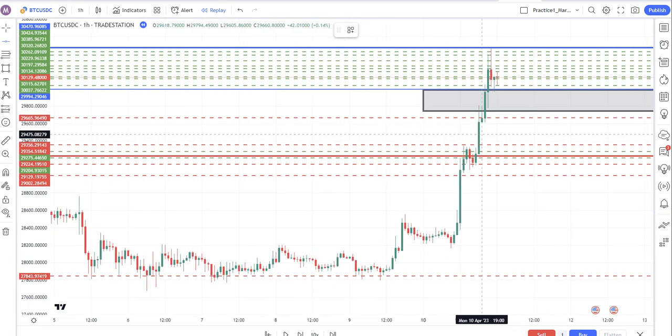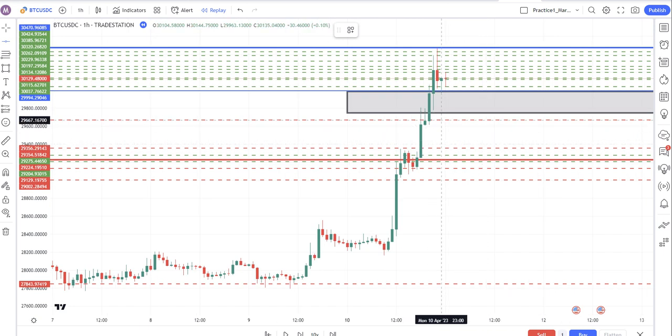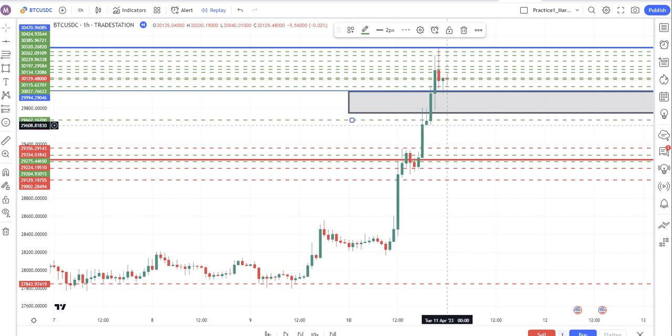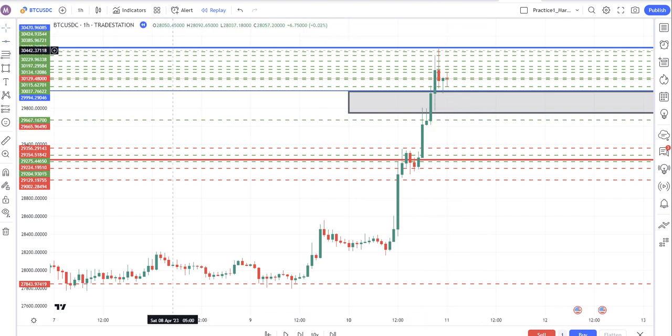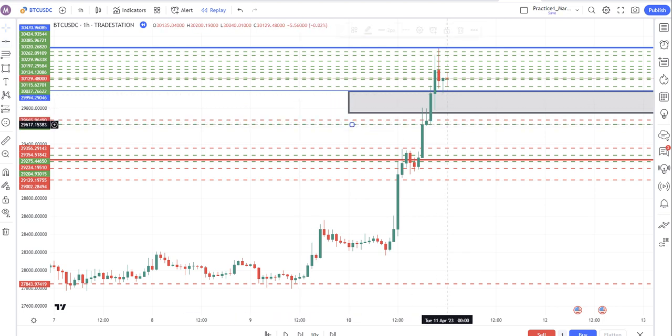Here I'm not marking because this is an imbalance zone where the price is very likely to go through. But I've marked everything besides that. I'm going to move this a little bit down. I am making sure that the wicks of the candles touch each other.